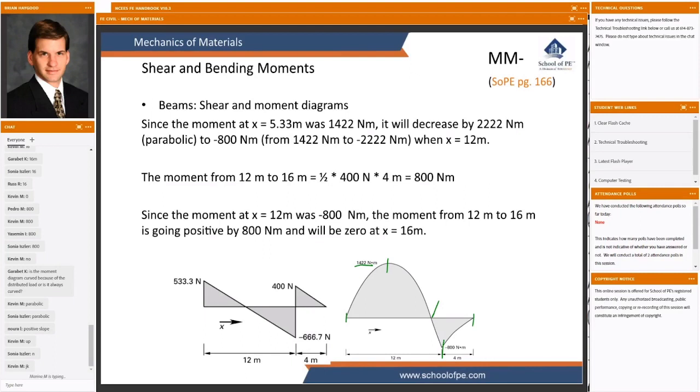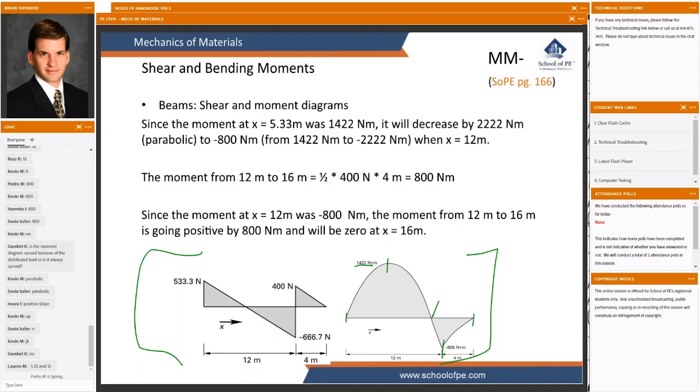So what we're going to be able to do with this is, looking at these two diagrams, what locations across the beam from left to right do you think are in danger of failure? I think that bending moment is going to cause the most bending stress at the 5.3 meter mark. So I might analyze what's going on at this beam at 5.3 meters.